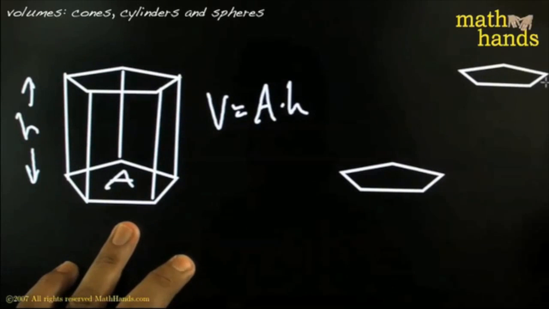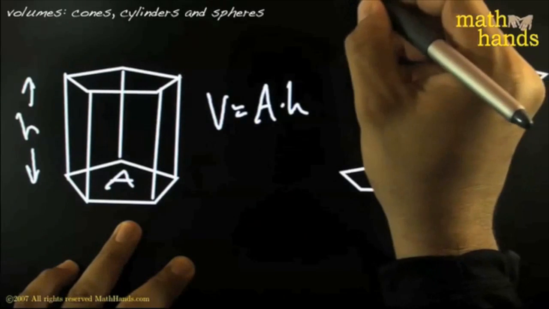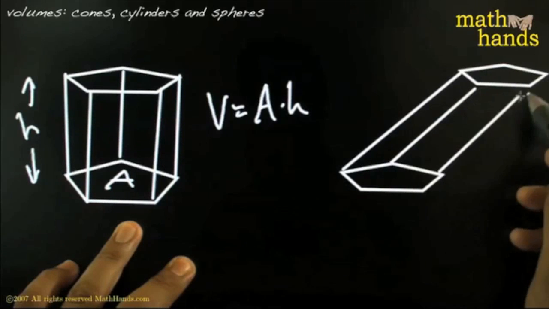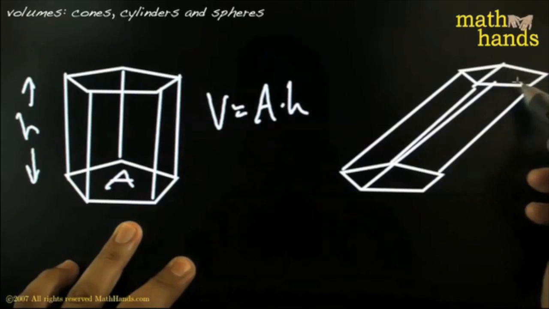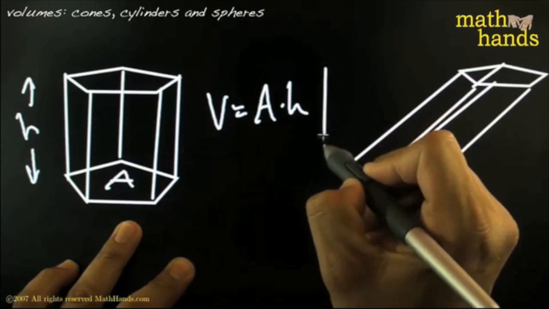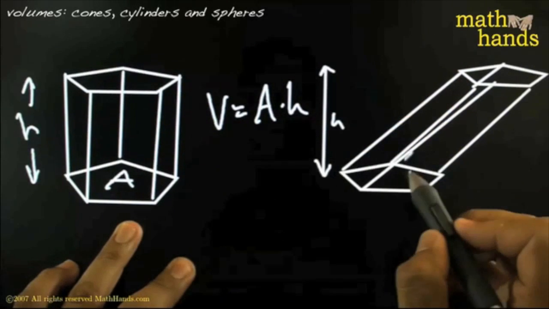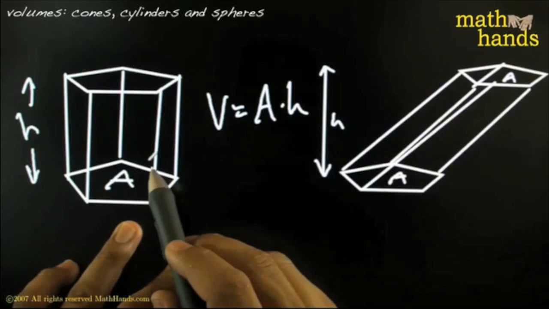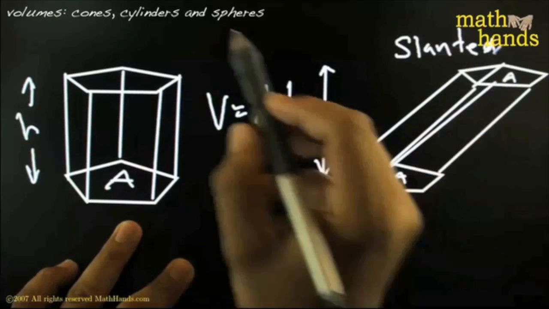If it was slanted like this, the question is, which would have more volume? The one that's straight up like this, or, if you measure it this way, H, they both have the same height, and they both have the same area on the bottom, A. The question is, which one would have more volume? The one that's slanted, or the one that's upright?